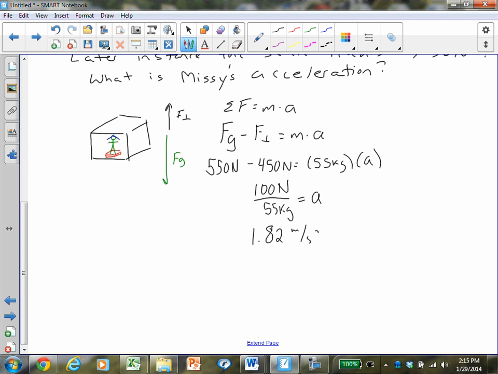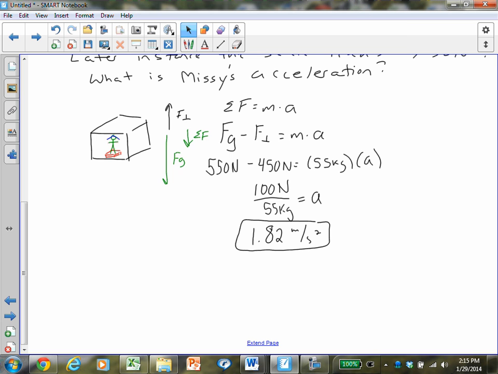Which direction is that acceleration in? The direction of the net force, which would be that way, down. Will, what does a downward acceleration mean? Slowing down going up or speeding up going down, right? Slowing down going up, speeding up going down.